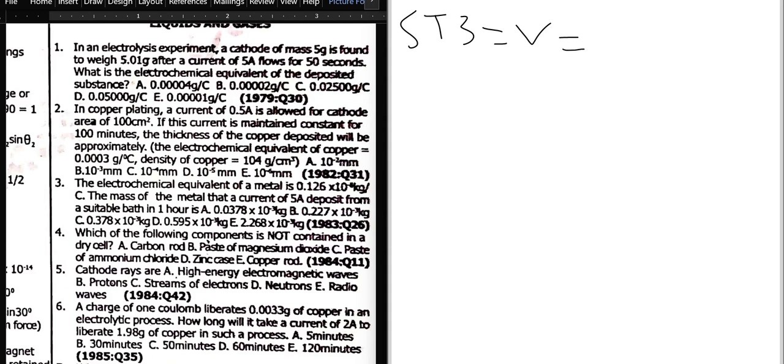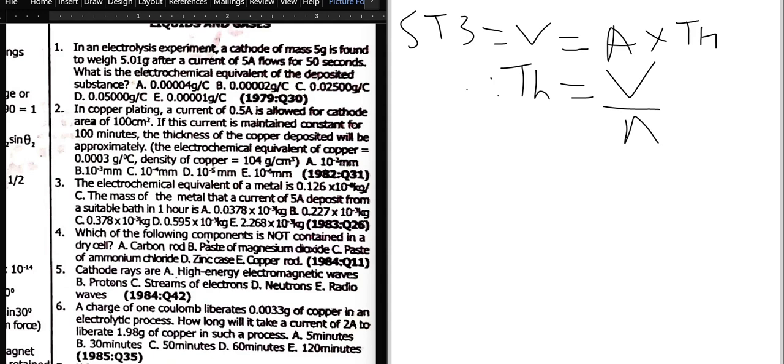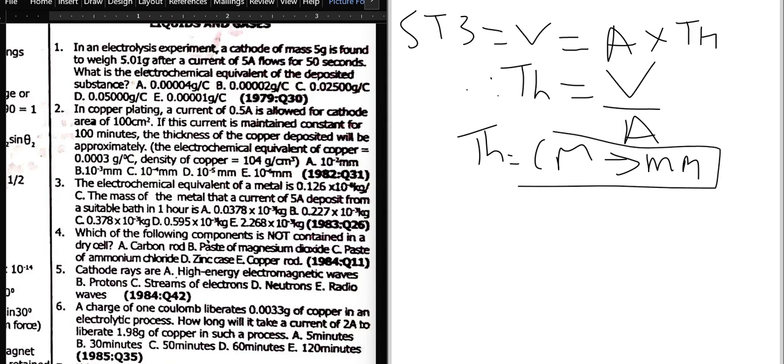Volume is equal to area times thickness. Therefore, thickness will be equal to volume over area. Area is 100 cm squared. Once you get your answer for thickness, change it from cm to mm and you get your final answer.